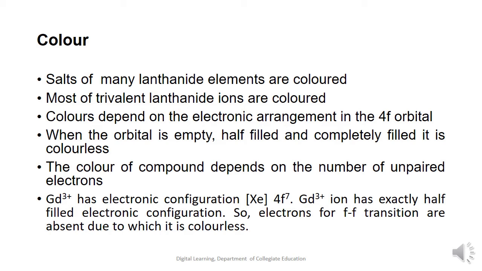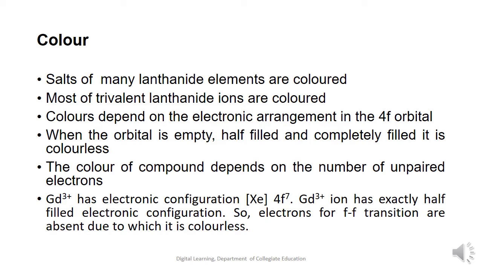The next general characteristic in this session is the color of the inner transition elements. Salts of many lanthanide elements are colored. Most of the trivalent lanthanide ions are colored. The unpaired electrons which are present in the 4f subshell of the lanthanide ions are responsible for the color.